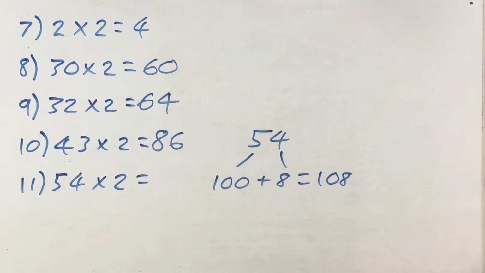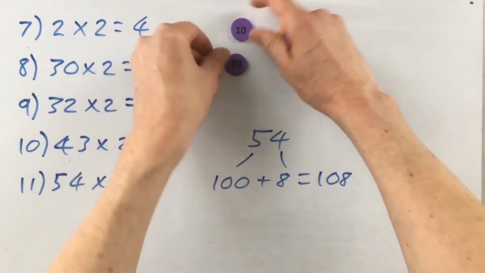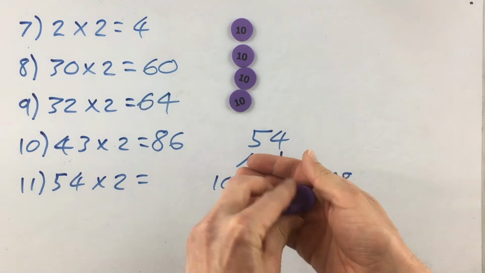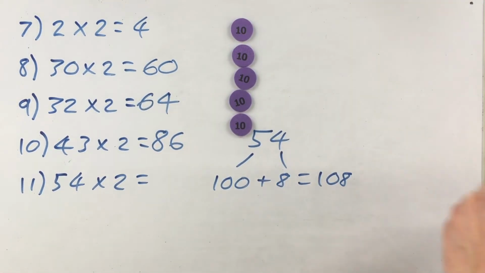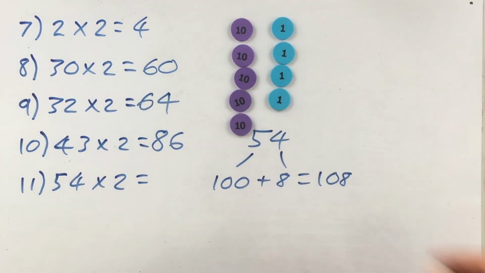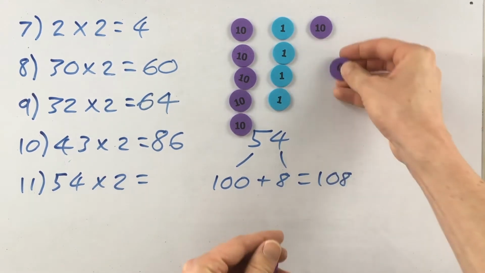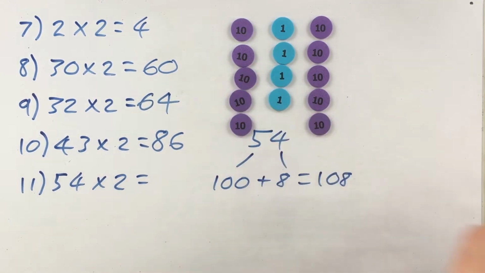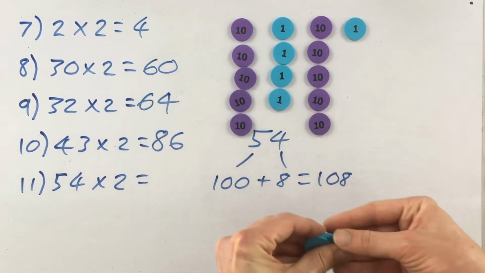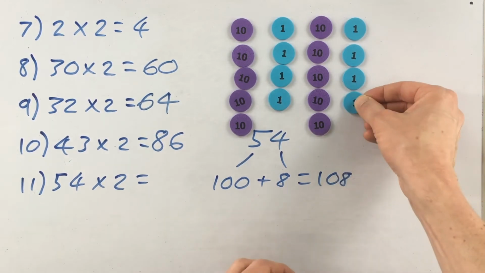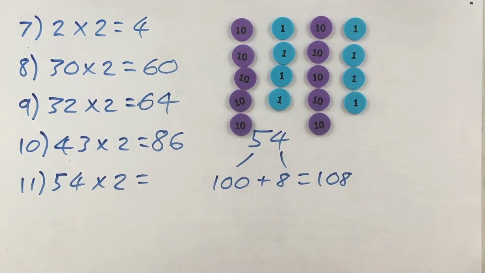If you did this with coins, you would have 5 tens, 4 ones, and when you double that, you'll have another 5 tens, and another 4 ones, but when you count all the tens, you've got 10 of them.